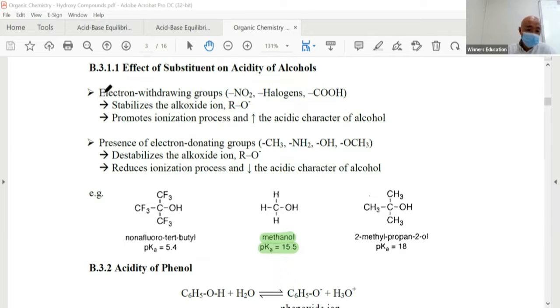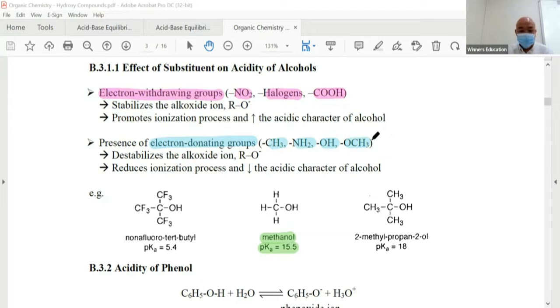All right, so electron withdrawing groups versus the presence of electron donating groups. Okay, so withdrawing groups, you will be looking at these substituents. All these technically don't memorize because it's in the data booklet. Okay, remember when we learn arenes, we will be looking at all these already. It's in the data booklet, so you can just apply. Last time we have to memorize, now you all don't have to, the new syllabus.